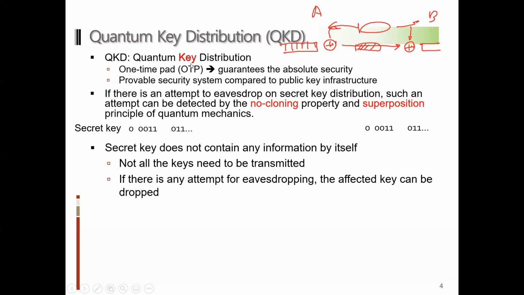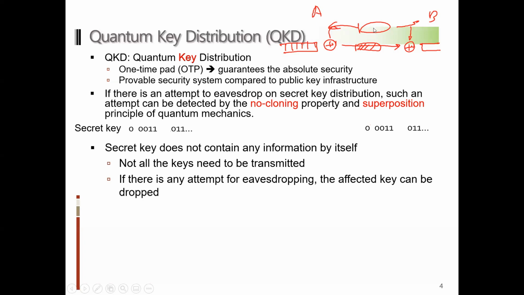The essence of quantum key distribution is that when we are sharing this secret key, we are going to use quantum key distribution, which we typically call QKD as an acronym. I will keep saying QKD, so just to be reminded, QKD means quantum key distribution.